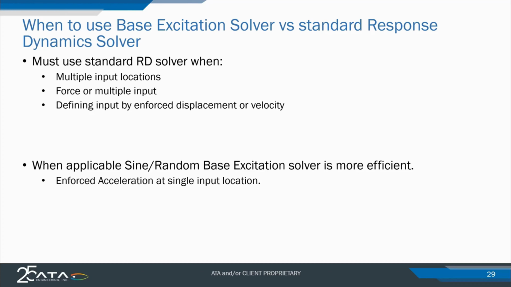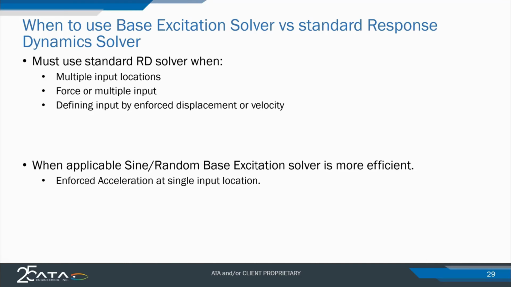Anytime you have multiple input locations, or a force input, or multiple input directions at the same location, or if you're defining your input by enforced displacement or enforced velocity, you have to use the event frequency or event random solvers.